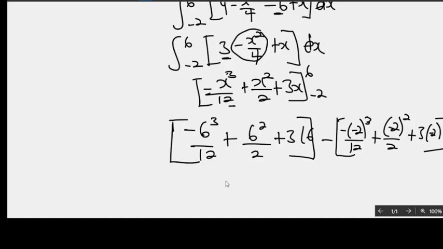So the final answer becomes 64 on 3, which is equal to 21.33 square units.